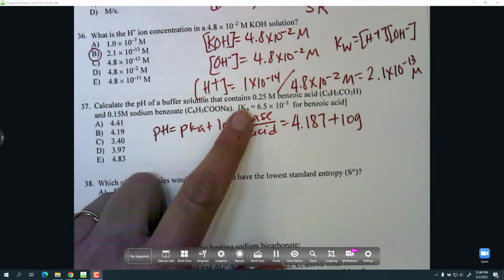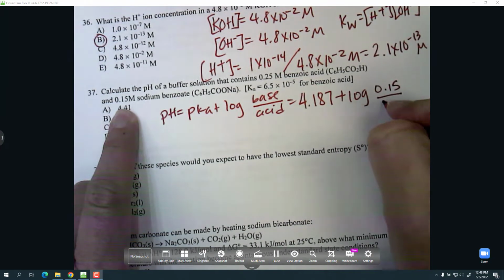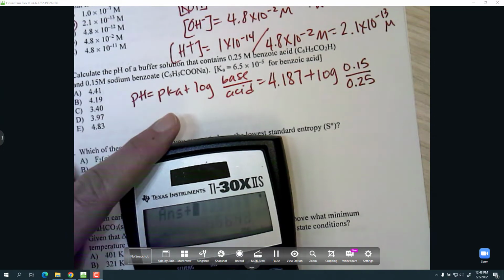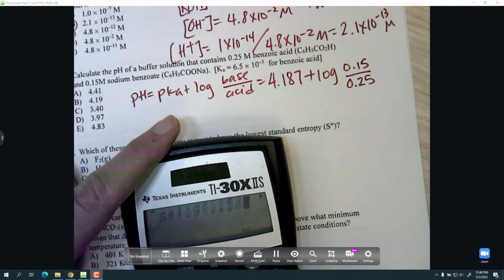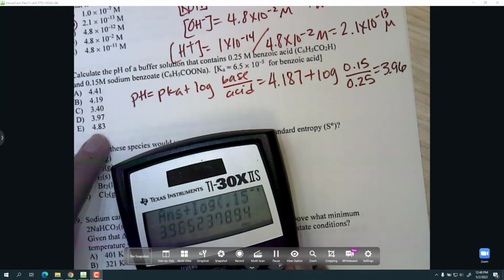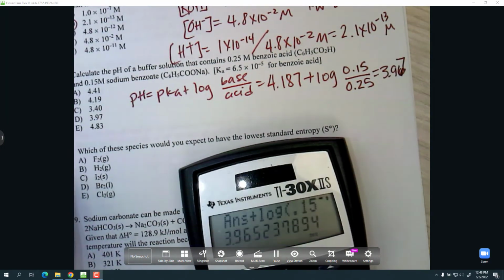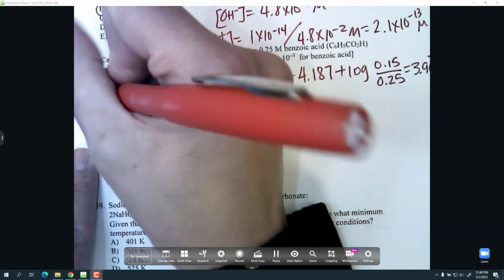My base is the sodium benzoate, and my acid is this benzoic acid. That should be 9.7, I guess. Right? 5 should round up, and okay, that's the answer.